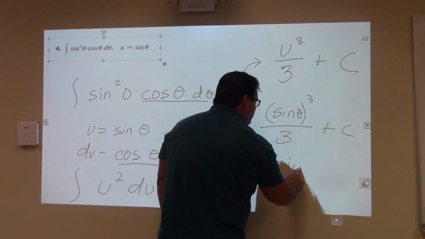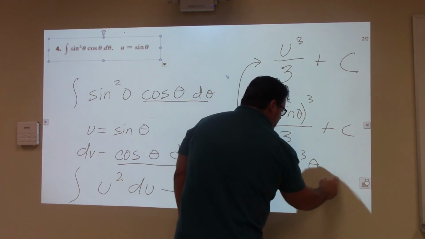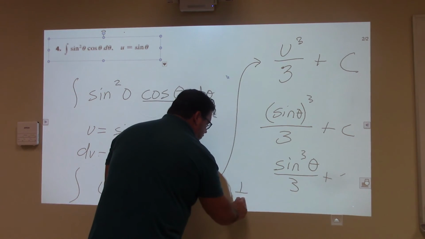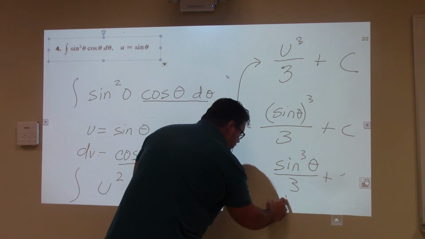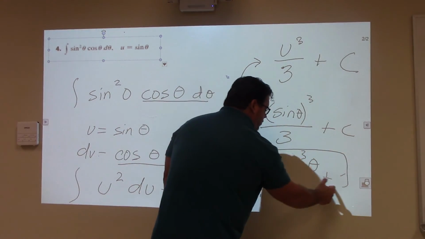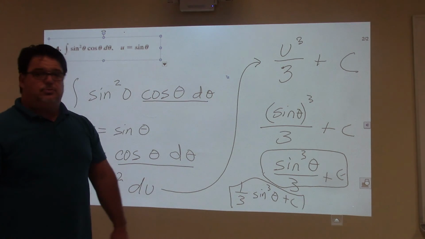Sine cubed theta over 3. Or pull out that 1/3. So those are both answers that you could be using.